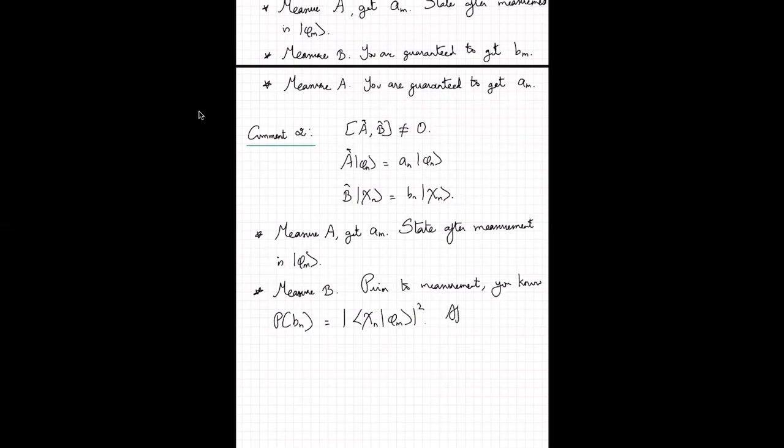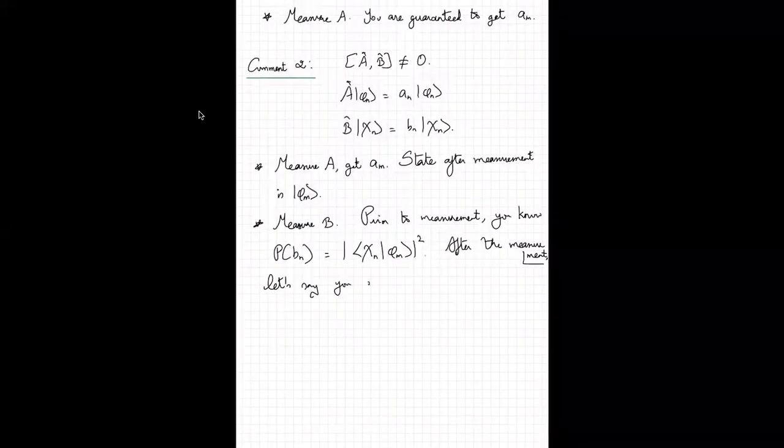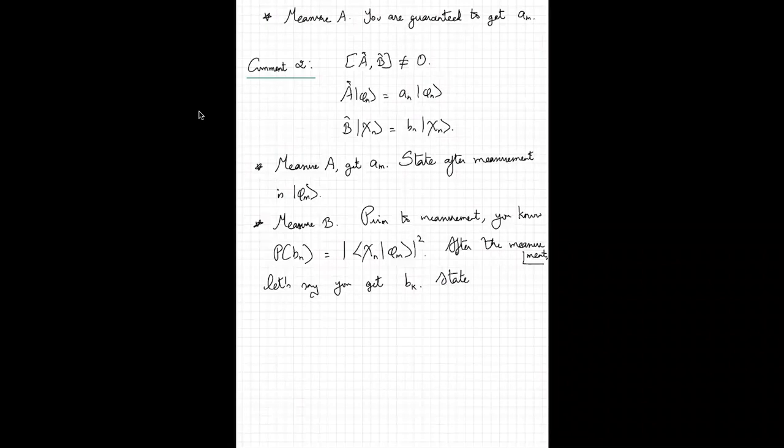But after the measurement, let us say you get some value, let us say b_k. Then the state after measurement is chi_k.